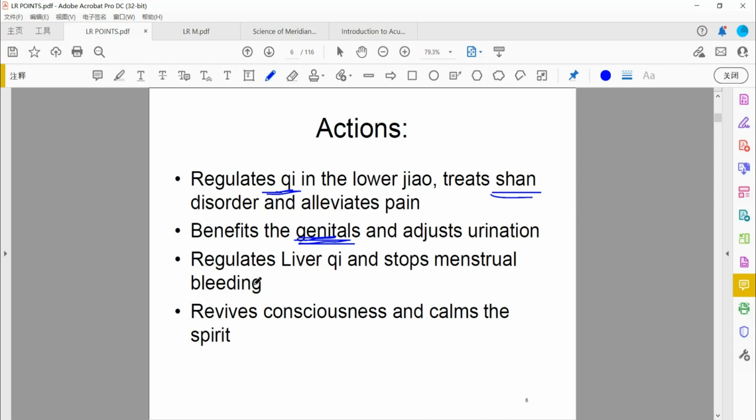Regulates liver qi if there's liver depression. And stops menstrual bleeding. The liver stores blood, and blood is related to menstrual bleeding.